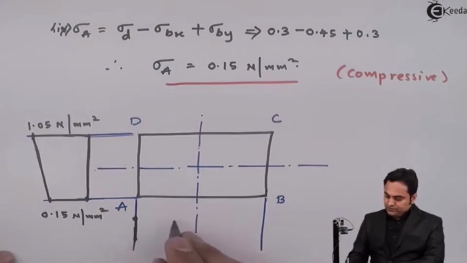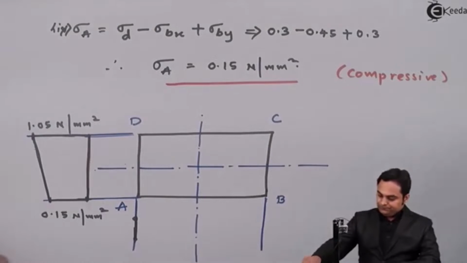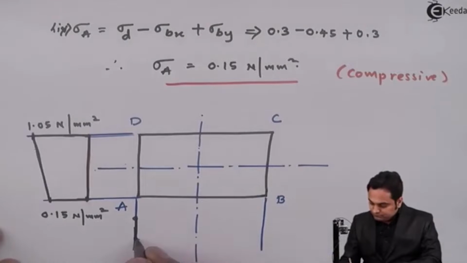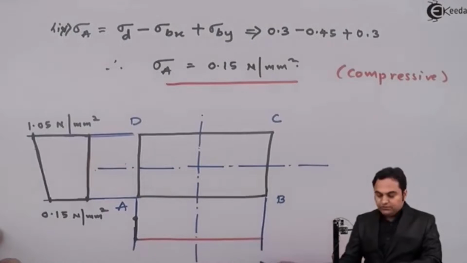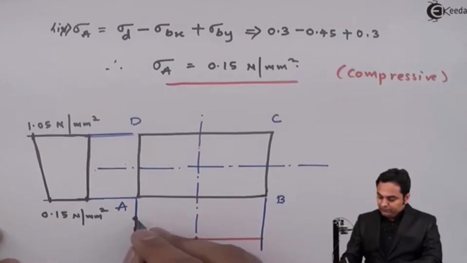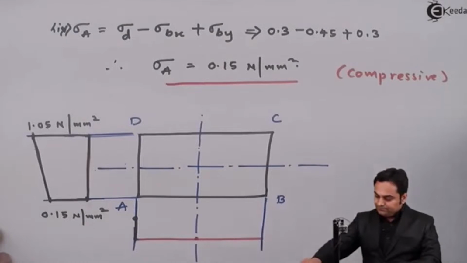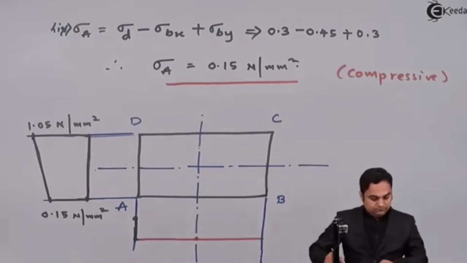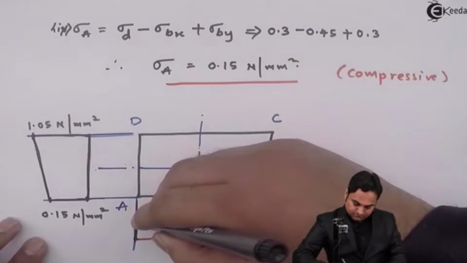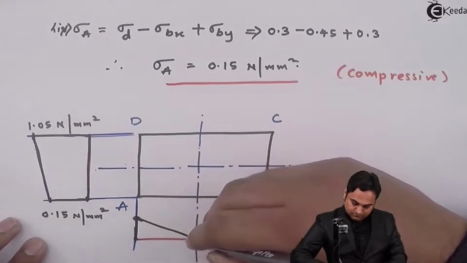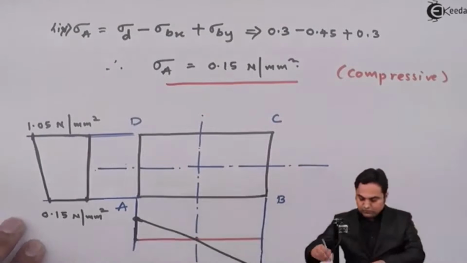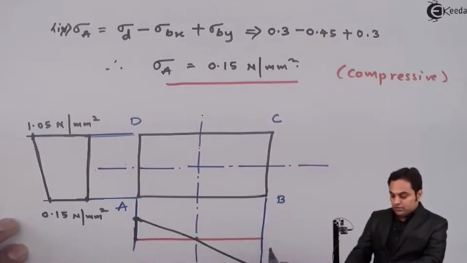Now here this value is positive. At B the value is negative. It means from positive we will go into the negative region. So here this line is crossing here.